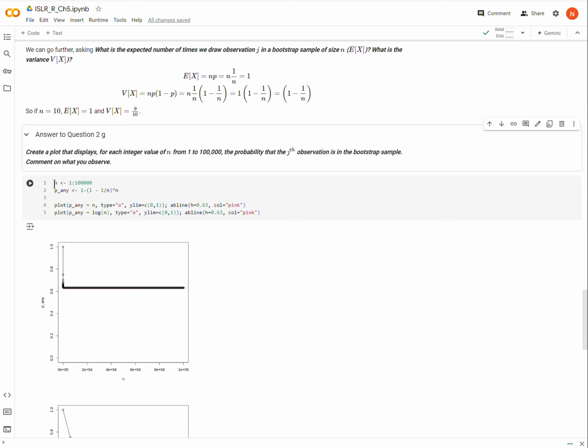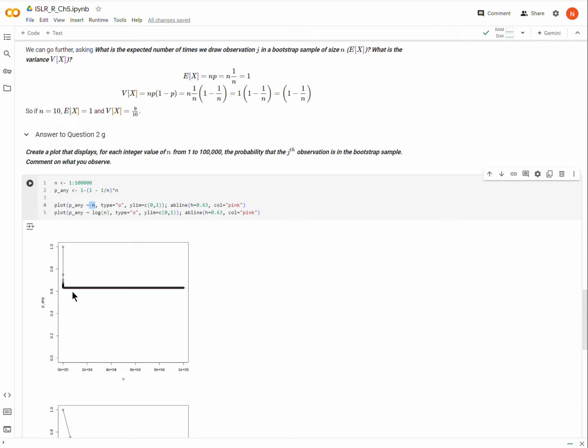So I have sample sizes of 1 to 100,000, and I'm calculating the probability that observation j is in that sample, just like we did above. I have a vector called n and a vector called p any, and then I'm going to plot these. So I'm plotting the probability of observation j being in our sample over the size of the sample.